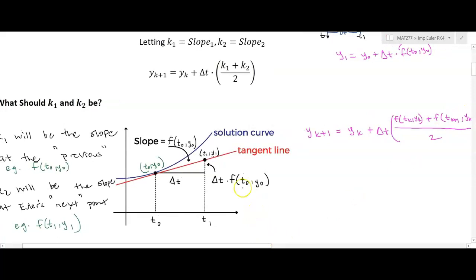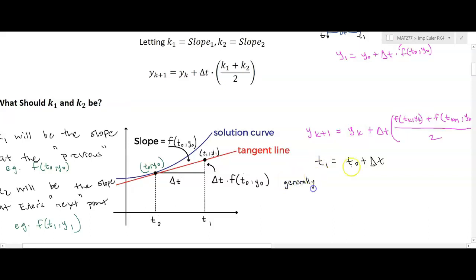Okay, well this is all great, but it doesn't really give us an operable definition of how to calculate the next slope, right? We have to think about how we obtain t1 and y1. Well, t1 is really just t0 shifted over to the right by delta t units. So t1 is t0 plus delta t. Oh, perfect. So I've been able to rewrite t1 in terms of t0, which is known, and delta t, which is also known.